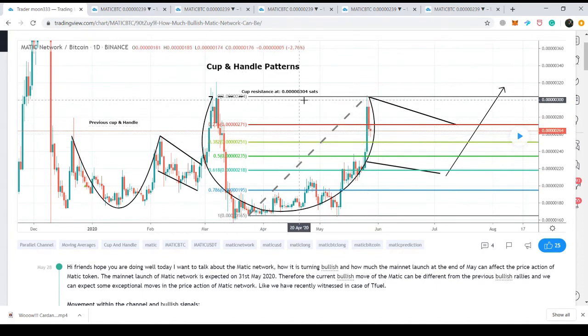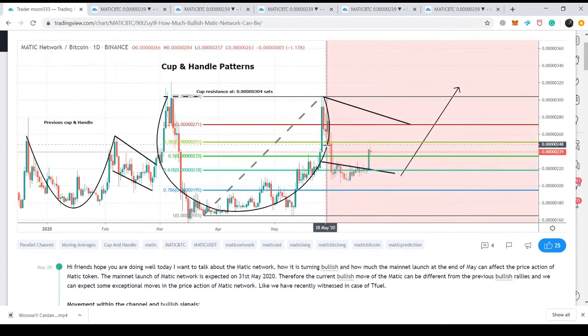This is the resistance of the cup at 304 satoshis, and I was expecting that the price action could move down up to the golden ratio of 0.618 Fibonacci level, that is from the bottom of the cup up to this top resistance of the cup, and this is the golden ratio. And now I'm just playing this chart, and we can see that the price action just retraced up to this golden ratio of 0.618 Fibonacci retracement level and surged more than 20% so far.